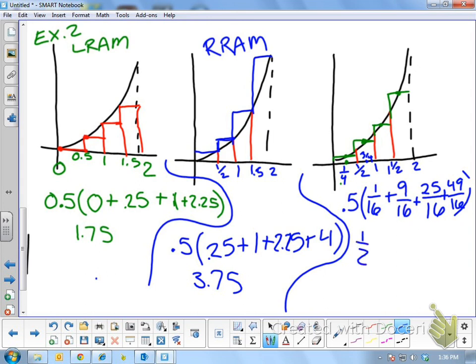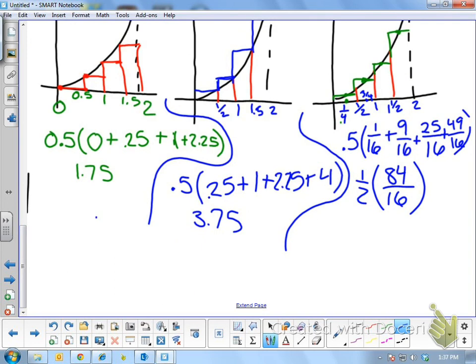I'm going to change my 0.5 to a fraction since all of this is in fraction form right now. So 84/32. 84 over 32, but we could reduce. 84 divided by 2 is 42. Yes. So we can reduce, cross cancel, we get 42 over 16, which can reduce again. What divides into both? 21 eighths.